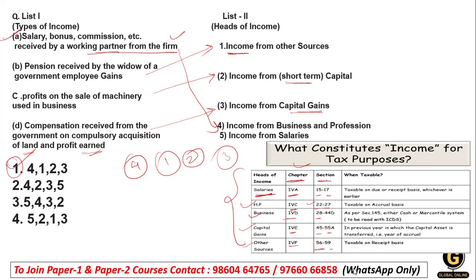So you have to keep these sections in mind, because they are important: salary 15 to 17, HP 22 to 27, business 28 to 44D, capital gain 45 to 55, and after that 56 to 59 is for other sources. Clear?